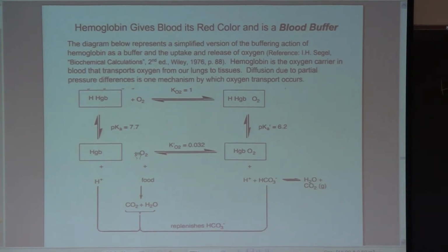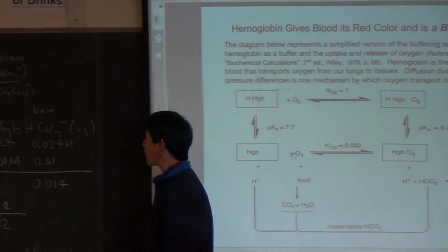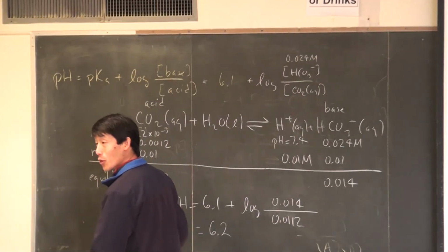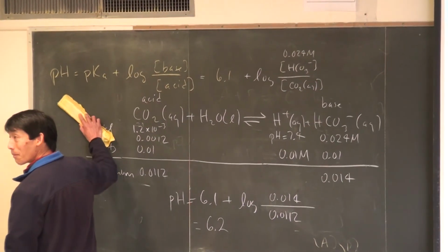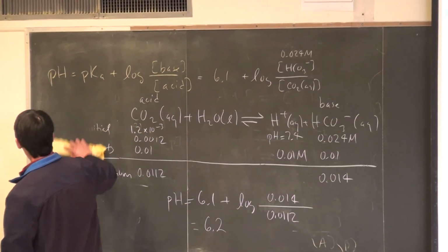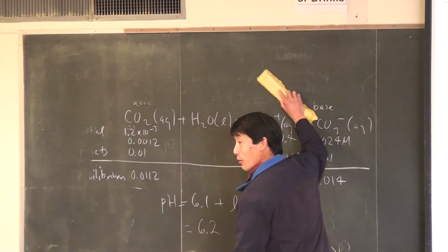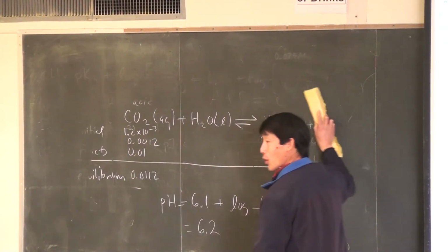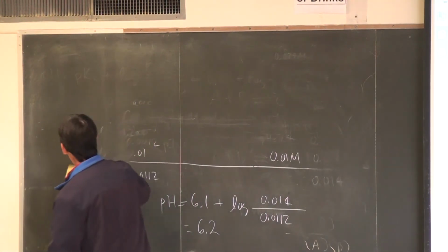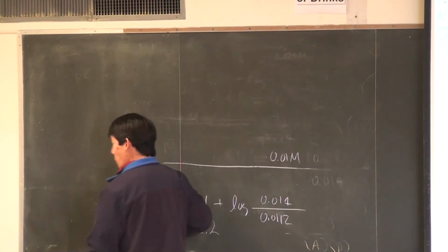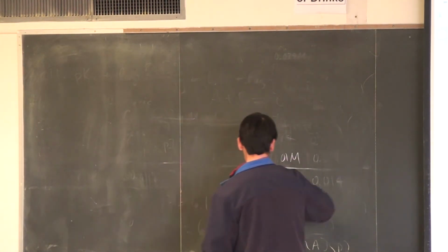Okay, so let's take a look at our titration curve. Are you getting tired of looking at it? Then you can draw the titration curve. Does someone want to draw the titration curve of the HGB on the chalkboard so I don't have to do it?